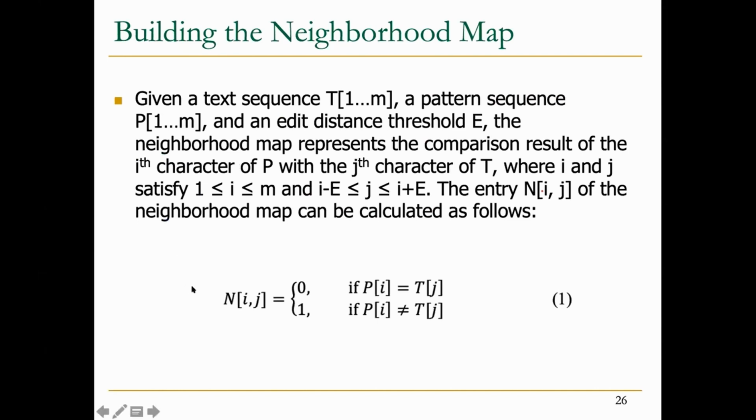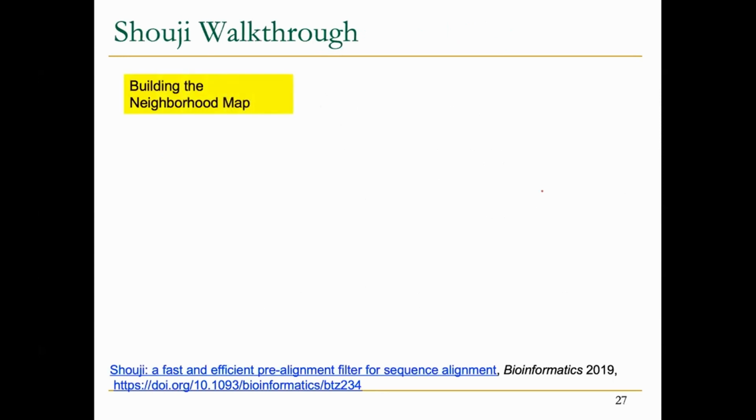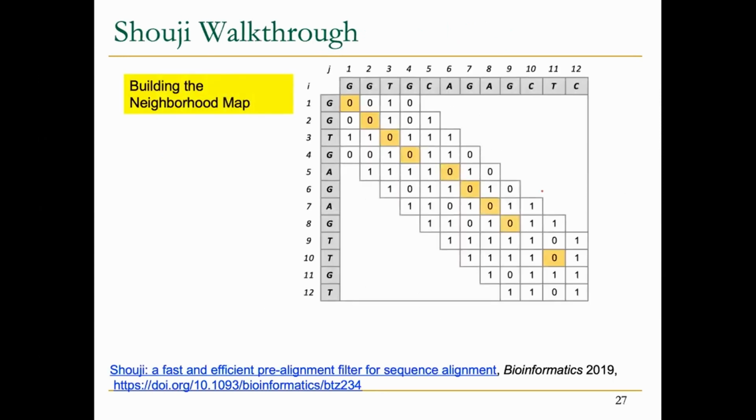Now we build the matrix. It's a bit different from what we have in Gatekeeper and Magnet. Let's go to the example right away. So this is a visualization of it. And as you can see, we ignore the leading and trailing. We don't have them anymore. So if you count the number of cells in this diagonal, you will see it is longer than the number of cells in this diagonal, for example.